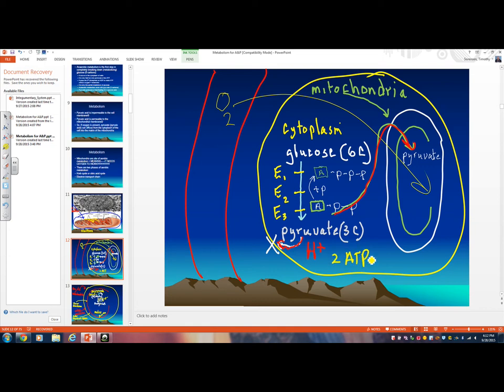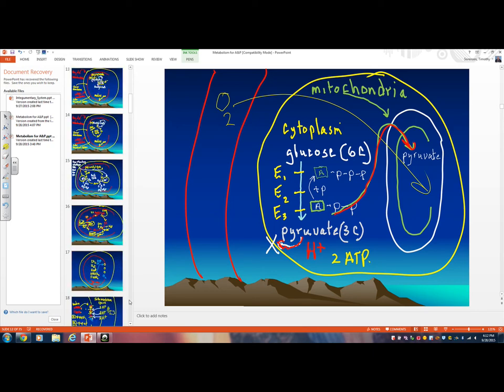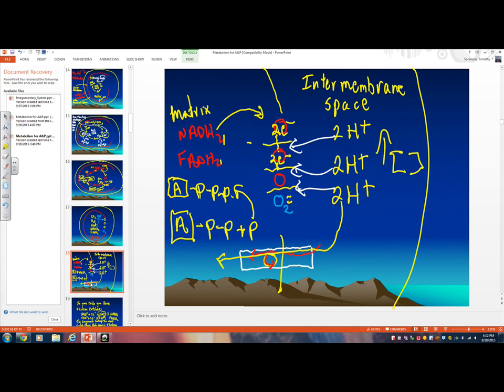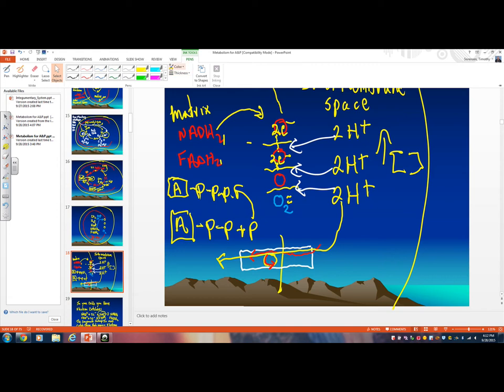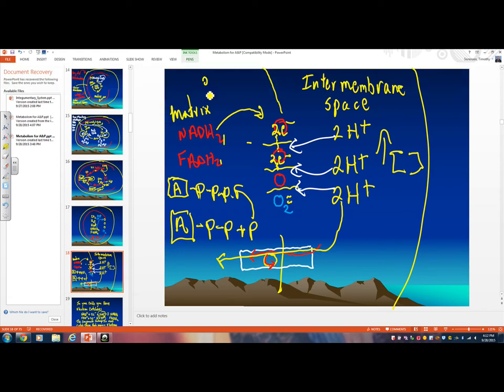Not a lot, but you can make it fast. Krebs cycle, more specifically the electron transport chain, you can make 34 ATP. And when you do this, you completely break down glucose. So if you're going to get the most out of the food that you eat, you want to completely break it down. And that means breaking it down aerobically.